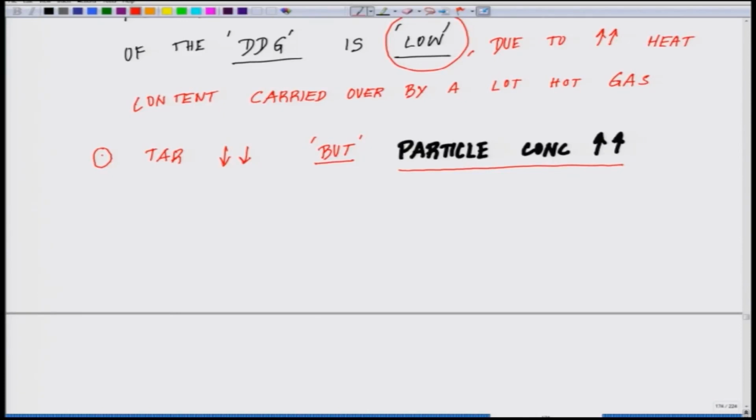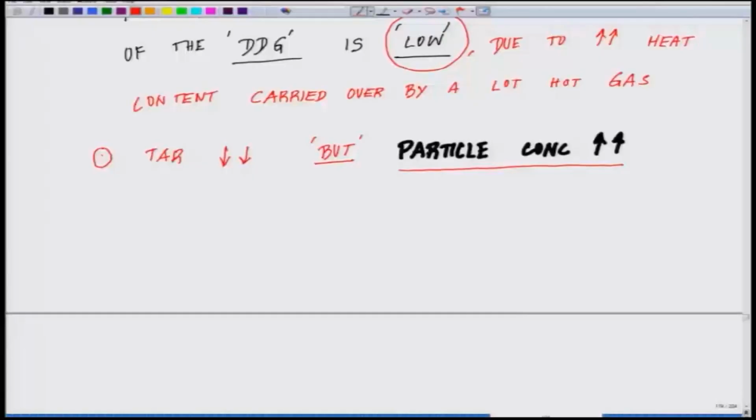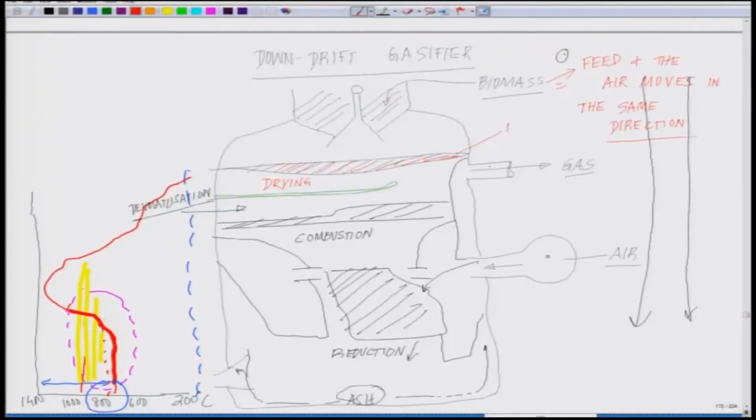So, this is the fundamental difference if we have to talk about updrift and the downdrift gasifiers. These are the two basic gasifiers which are being used. There is a third type which we will be discussing now, which is called the cross flow gasifier. Just to understand, gas is coming out at a different level, air is coming at a different level.